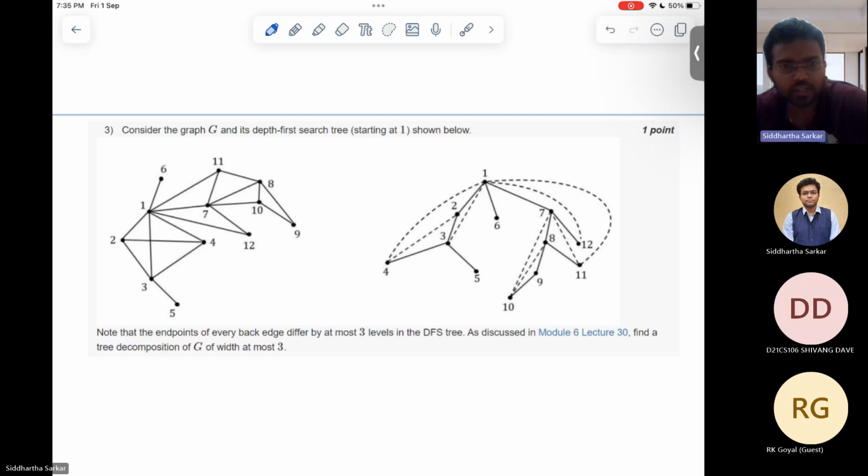So here it is saying that you have a graph and the corresponding depth first search tree is given to you. And there is one video which has been referred.